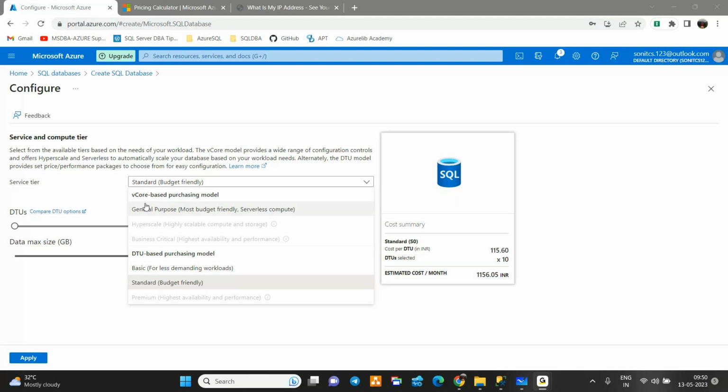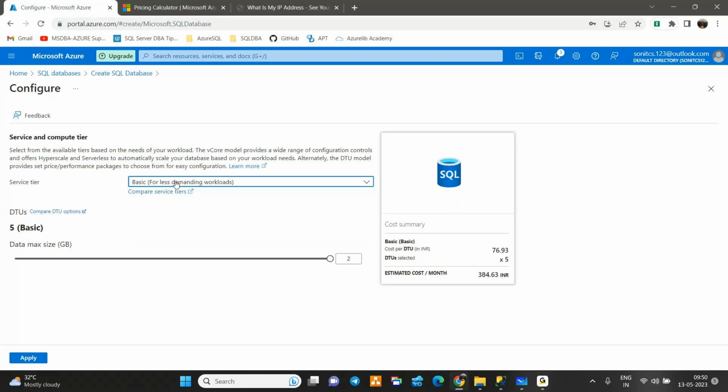Now, first let me deploy the DTU purchasing model, then I can go for the vCore purchasing model. For demo purposes, you can go for either Basic or Standard.